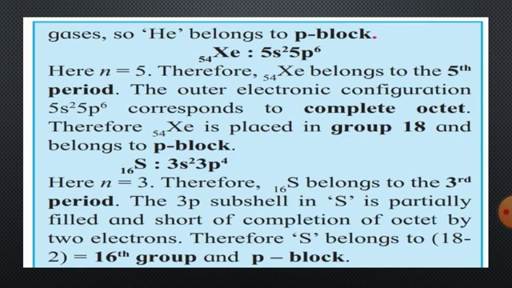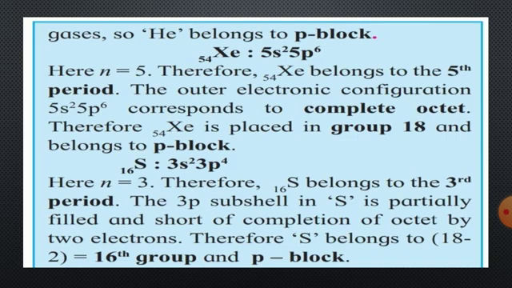Group 18 elements, leaving behind helium, all have a complete octet. So xenon is placed in group 18, and group 18 is the p block elements. Therefore xenon belongs to p block.